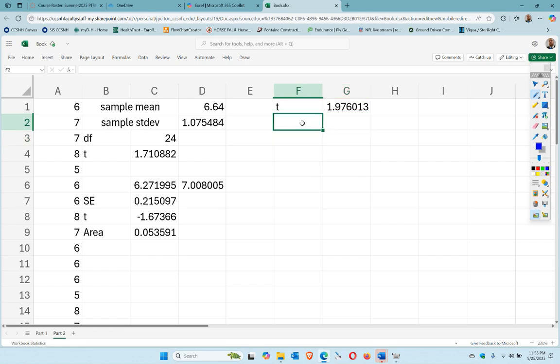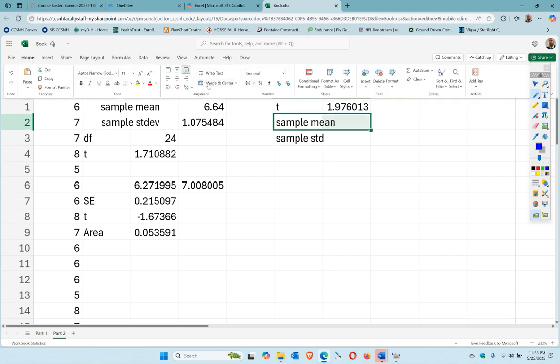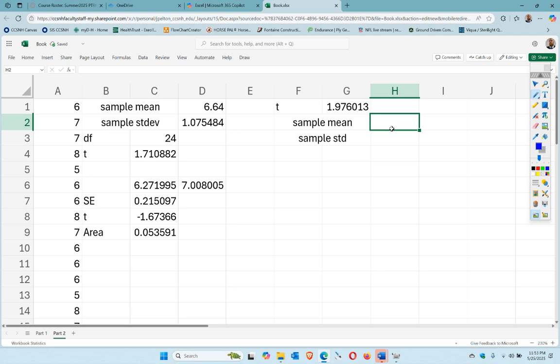So we want our sample mean, sample standard deviation, right? We'll merge those and merge those. So this was 0.0913, 0.0495, right? Okay, so that's all I need. I got my t. Yeah.